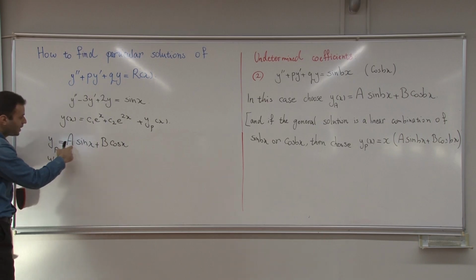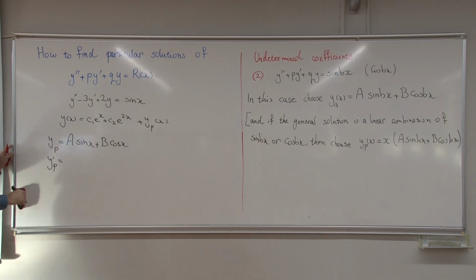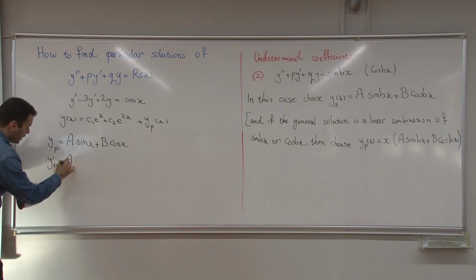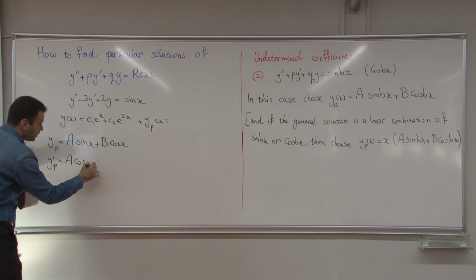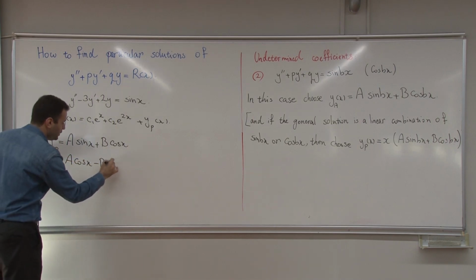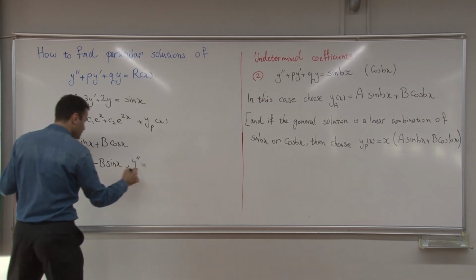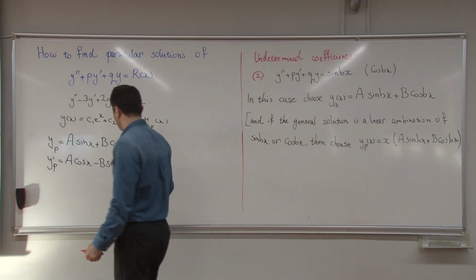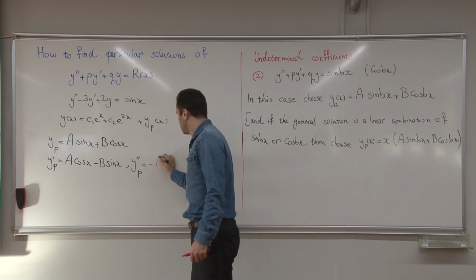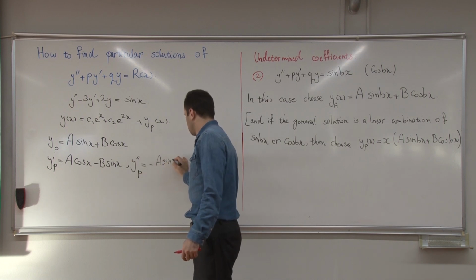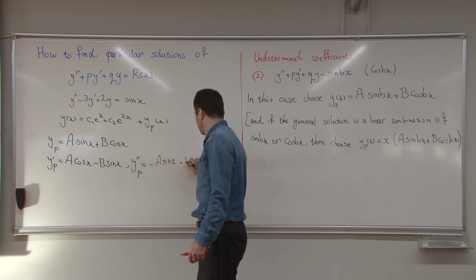What is the derivative of a sine of x plus b cosine of x? A cosine of x minus b sine of x. And what is our double prime for this particular solution? It's going to be minus a sine of x minus b cosine of x.